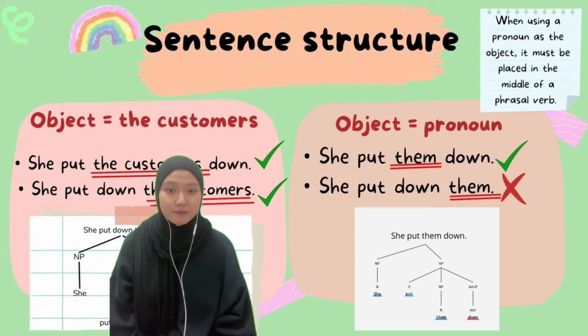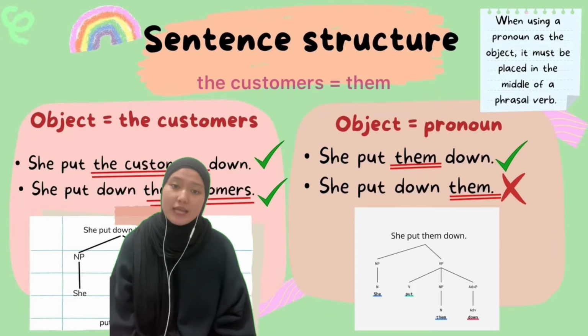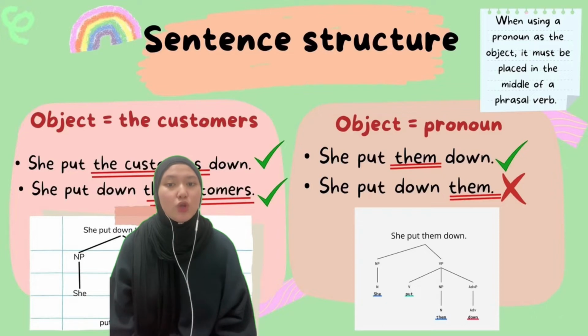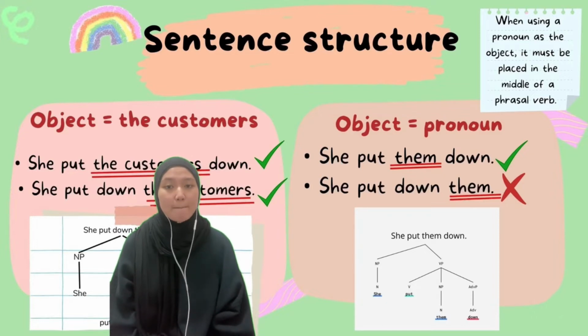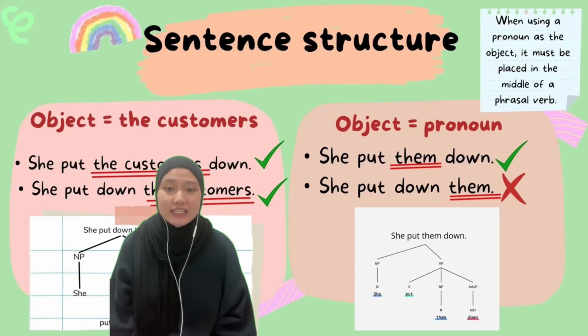For example, if you change the object that is a noun, the customers, to a pronoun which is them, the sentence could only go as she put them down. And if you place the pronoun after the phrasal verb, for example, she put down them, it will be incorrect, as the intended meaning changes here.